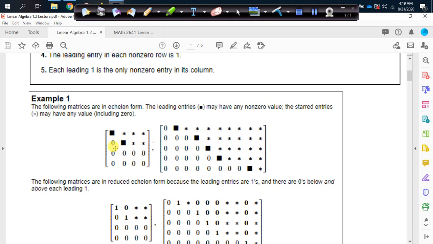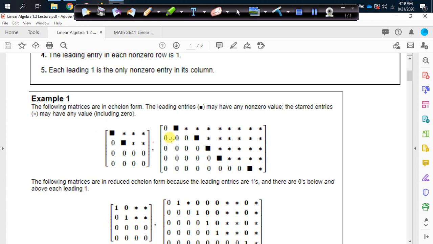This would be what we're going to call the pivot position for column 1. Everything below there is 0. This would be the pivot position for column 2, and everything below that is 0. Now we wouldn't have a pivot position for column 3 and 4 in this case.